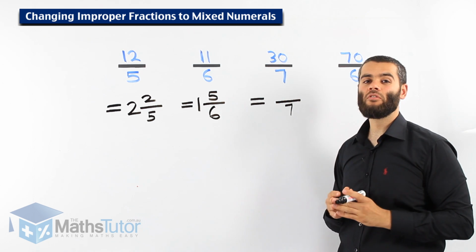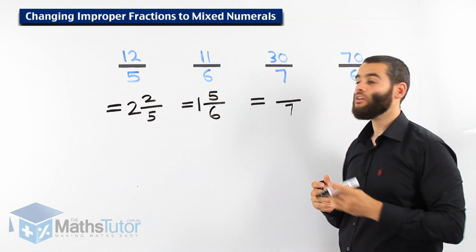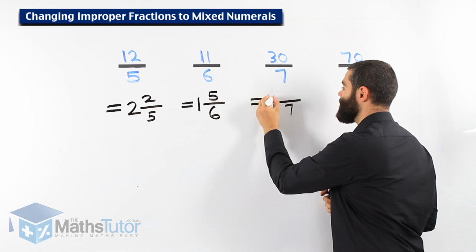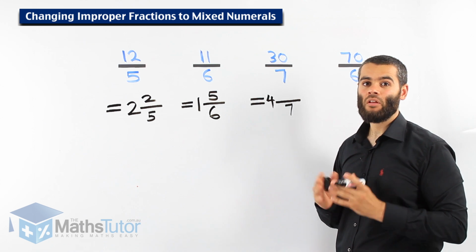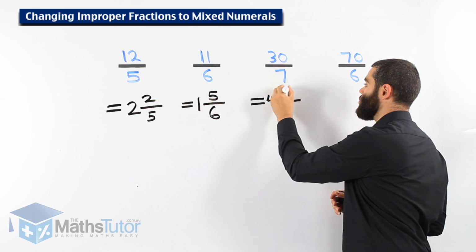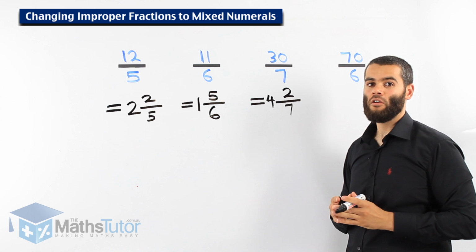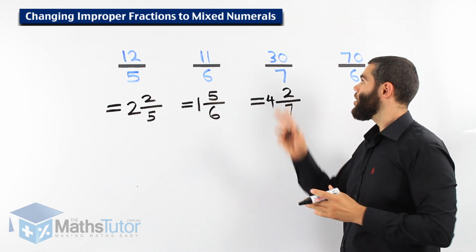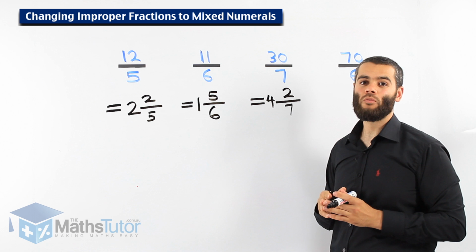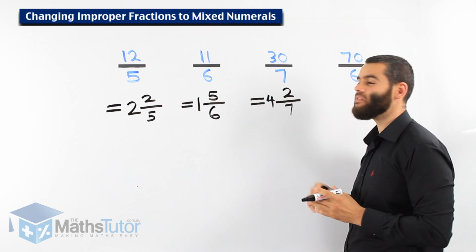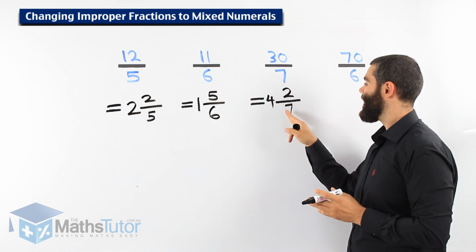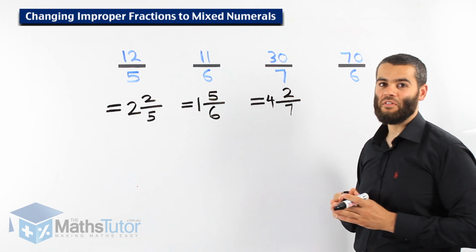Well, 4 sevens go into 30 because 4 times 7 makes 28. What's remaining? 2 remaining to make 30. That means 7 goes into 30 4 times and 2 remainder, and the denominator stays the same.